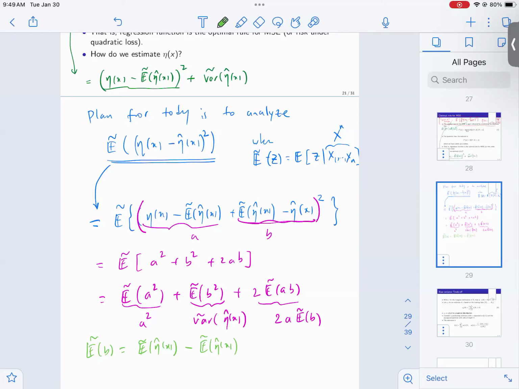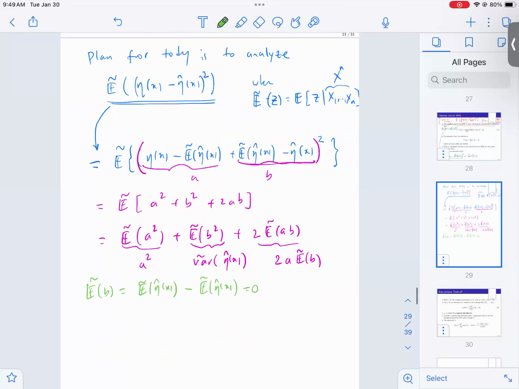So the expectation moves inside, and this would be zero. This quantity is constant, so it comes out of the expectation, and the expectation moves inside and applies to this, but that's the same thing as the first term, so you get zero. So the cross term goes away. This entire thing goes away.